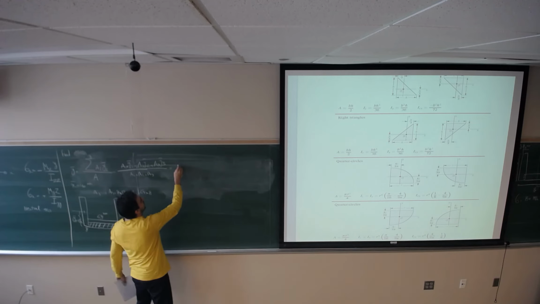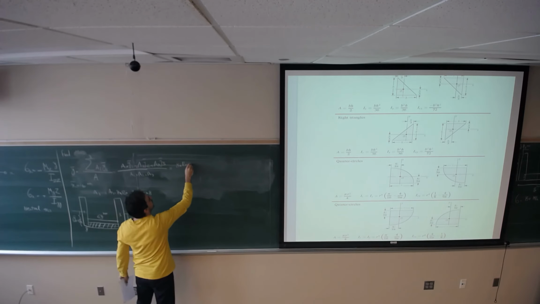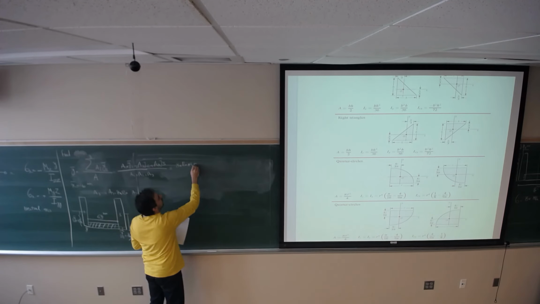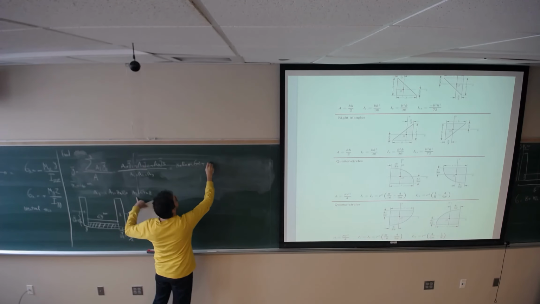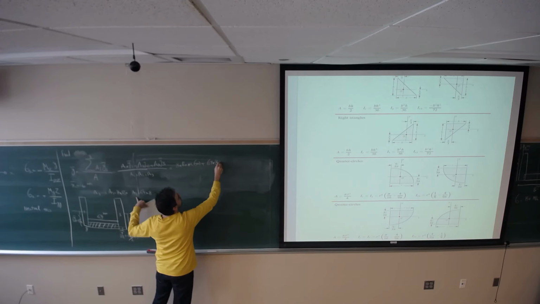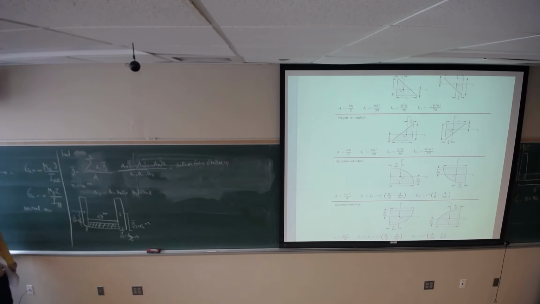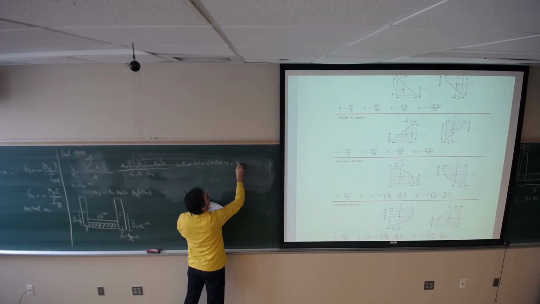A1 is 8 times 120 times Y bar 1, which is 60, plus A2, 64 times 8 multiplied by 4, which is Y bar 2. And the last one is same as the first one.